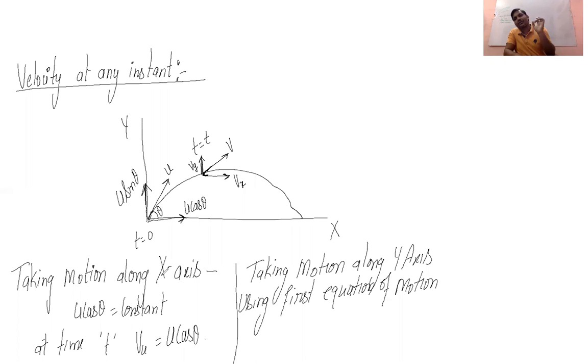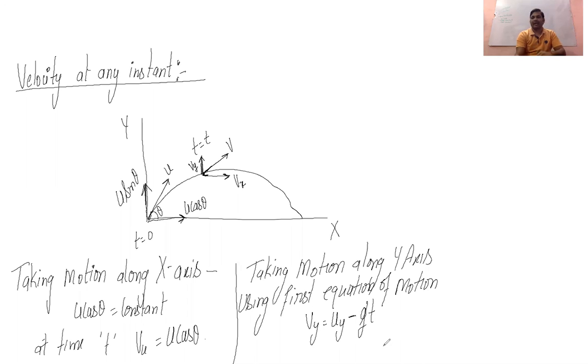If there is a constant acceleration, then only we can use the equation of motion. So that's why we are using the equation of motion along y-axis only. Along x-axis, we are using the simple formula: speed is equal to distance upon time. So using the first equation of motion, we can write Vy is equal to Uy minus gt.